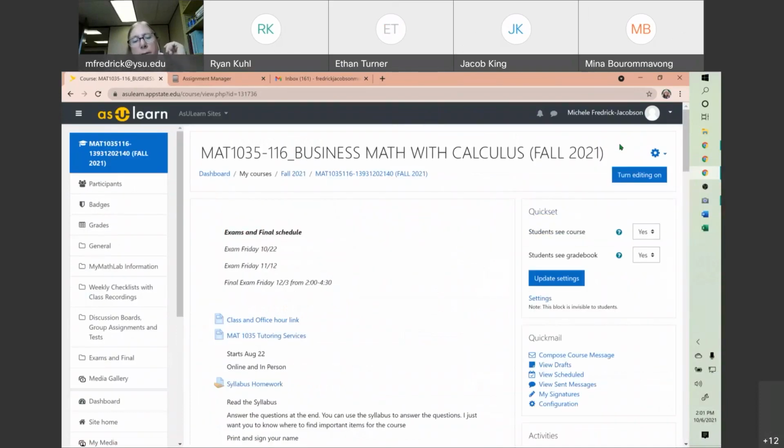When you log into As You Learn for our class, it will give you the next two exams, the date, and when your final exam is. The next two exams will be similar to the setup of this last one, part take home and part in class.